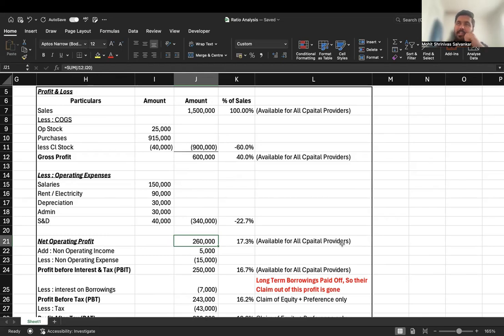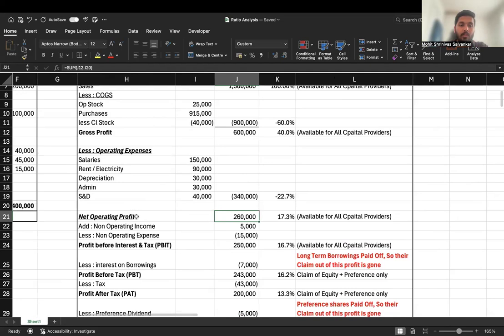So the formula for that is cash from operations divided by operating profit, which we see here, net operating profit. So the cash operating profit divided by book operating profit into 100. That gives you the quality of profits that you have.